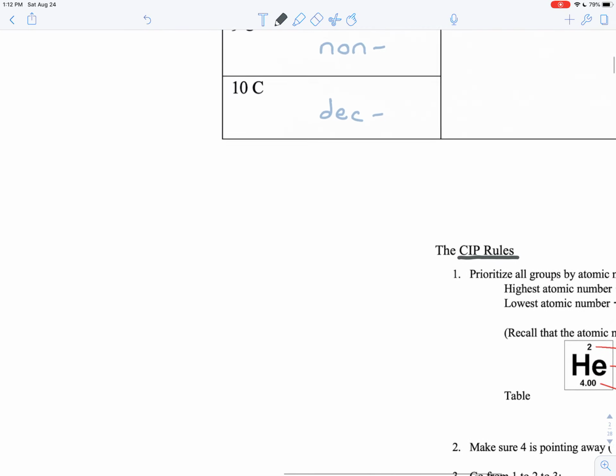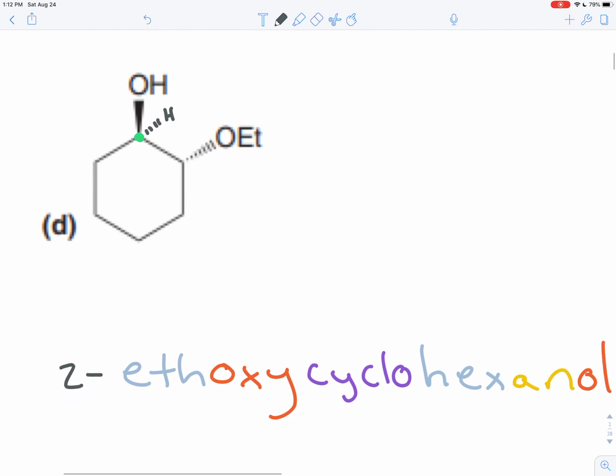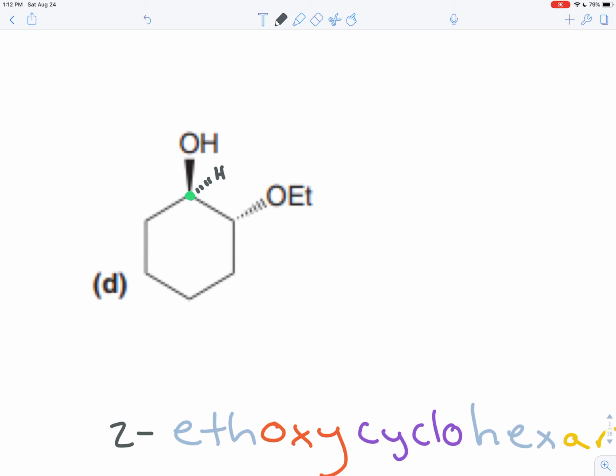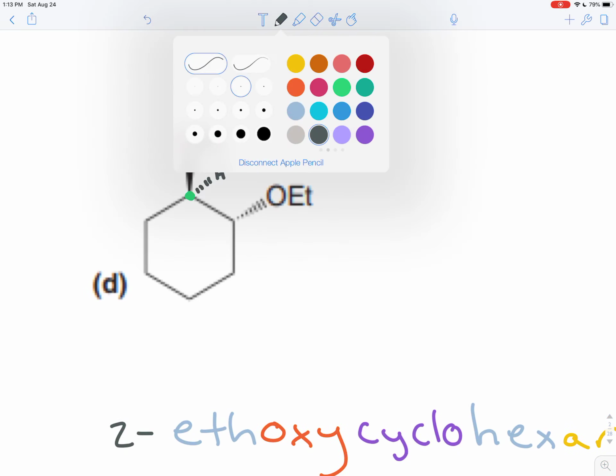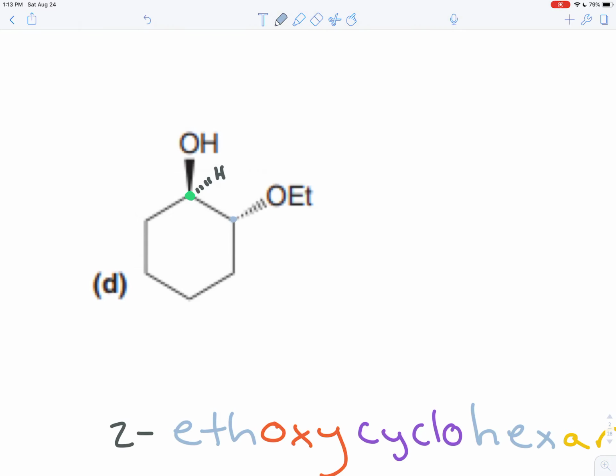So the first step is to look at the 4 things on that chiral center and prioritize them. And you're going to prioritize them based on atomic number. So we have a carbon here. If you look at the atomic number, that would be 6. We have a carbon here. The atomic number for that would be 6.